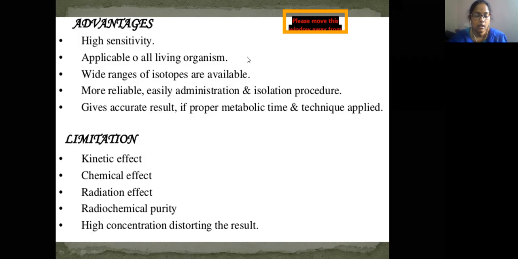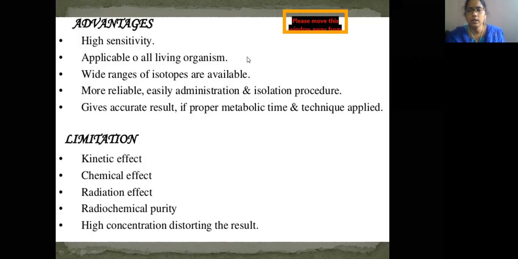We have seen we can use carbon, hydrogen, sodium, potassium, phosphorus, sulfur, and nitrogen. Based upon the requirement, in case of thio compounds, you can use sulfur isotopes. So like this, we have a wide range of isotopes.